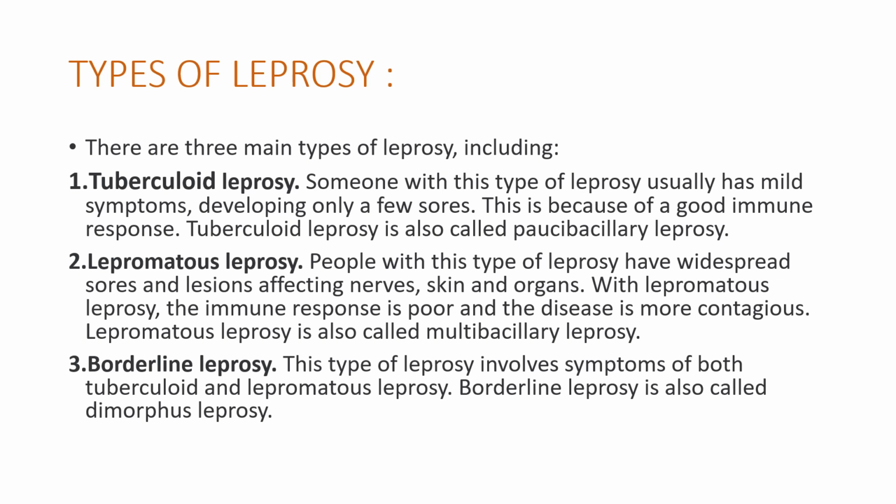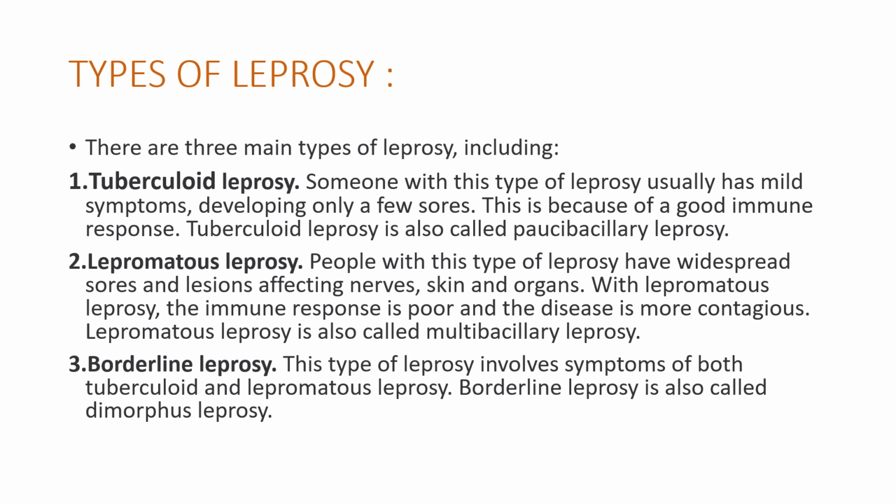2. Lepromatous leprosy. People with this type of leprosy have widespread sores and lesions affecting nerves, skin, and organs. With lepromatous leprosy, the immune response is poor and the disease is more contagious.